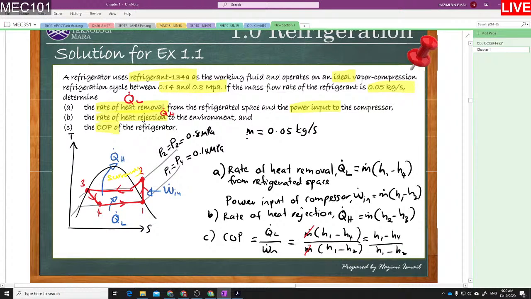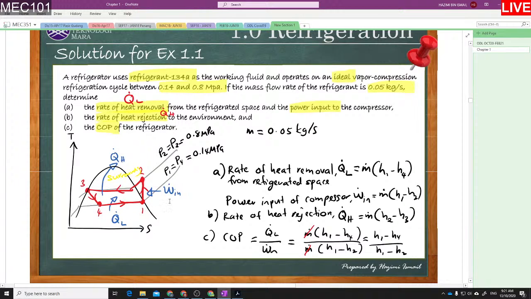So kena buka balik properties table yang awak print yang ada dekat belakang buku masa thermodynamics tu, MEC351. Okay, cari nilai enthalpy bagi setiap state, H1, H2, H3, H4. Dan senang, dah dapatkan QL adalah M dot mass flow rate. Dia dah bagi dalam soalan 0.05 times enthalpy 1 minus enthalpy 4. So kita dapat QL kat sini.